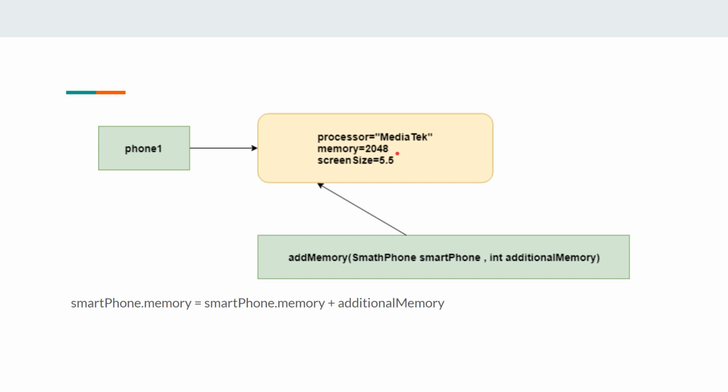If we modify the object by reference, for example by writing smartphone.memory equals smartphone.memory plus additionalMemory, then we modify exactly the same object that we created in the main method and assign to phone1 reference. The principle is the same as the one we discussed in the previous lesson, distinguishing between reference and object.